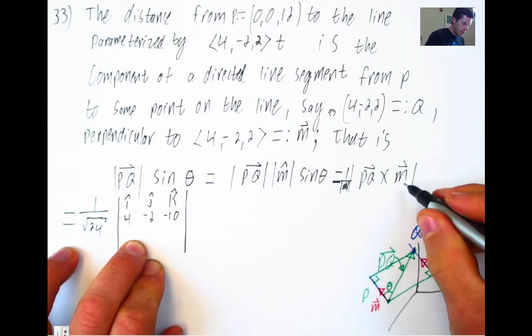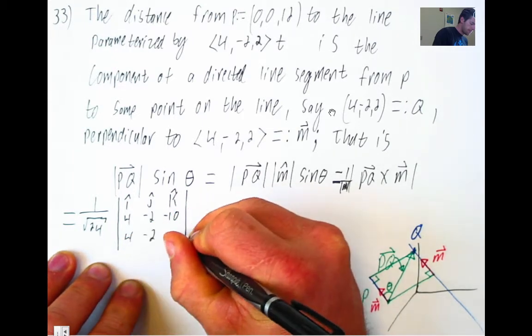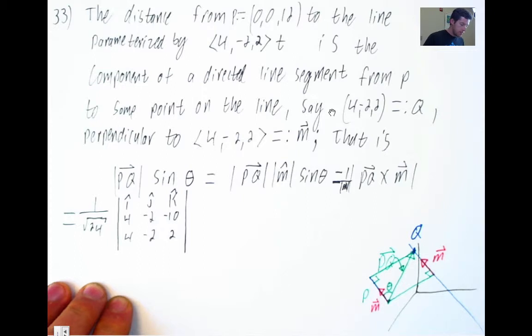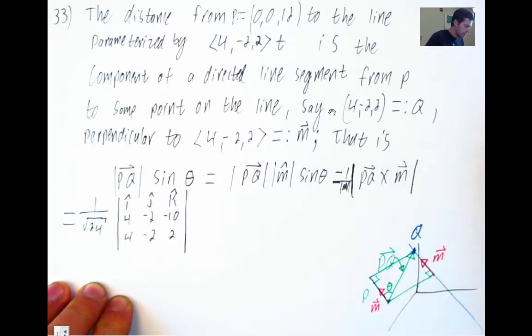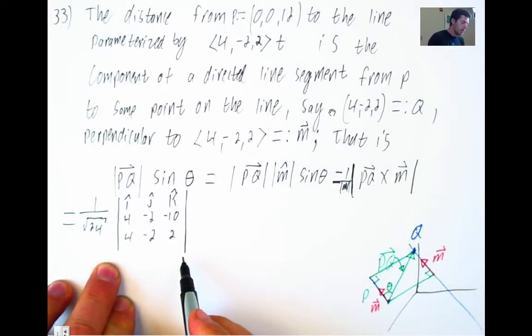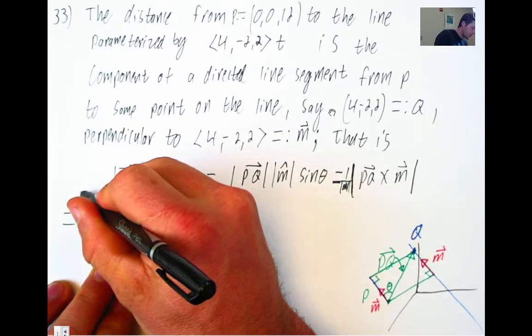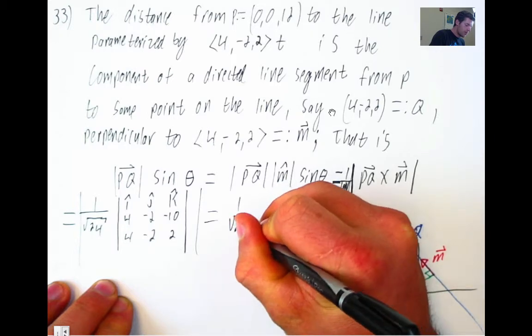Then we're crossing that with M, which is 4, -2, 2. And we're going to have to take the magnitude of that, by the way. This is supposed to have a magnitude symbol around it. And then 1 over the square root of 24.